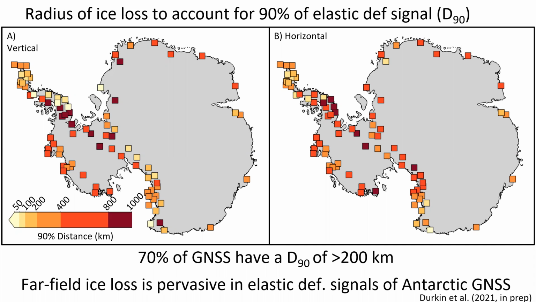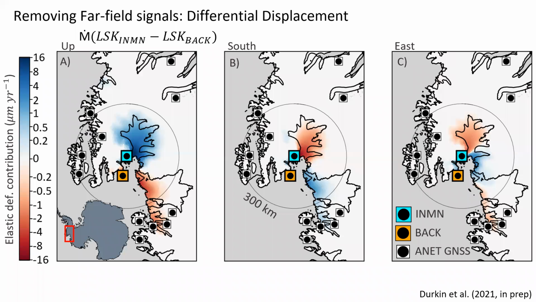So now the next step that we need is a way to isolate deformation that originates from the ice loss that we care about. One approach that has been used to isolate near-field ice mass loss is to look at differential displacement between neighboring pairs of GNSS.